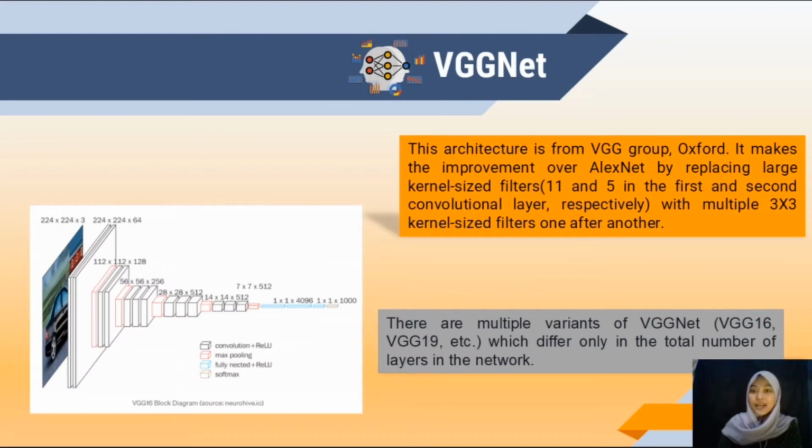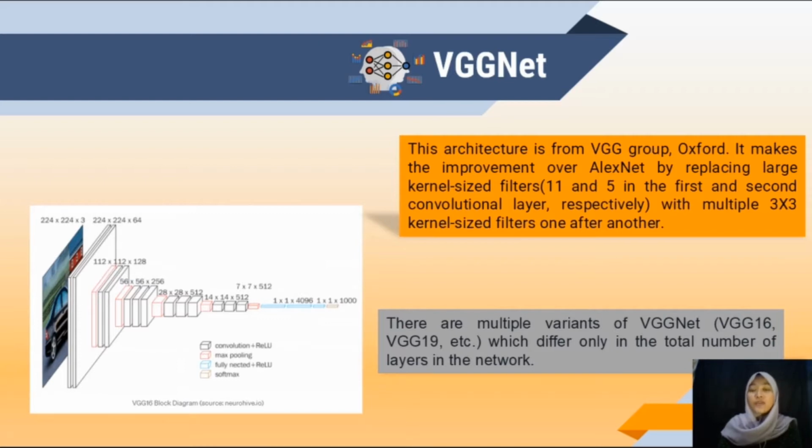Next, there is VGGNet. This architecture is from the VGG Group in Oxford. It makes the improvement over AlexNet by replacing large kernel size filters, 11 and 5 in the first and second convolutional layer respectively, with multiple 3 times 3 kernel size filters one after another.